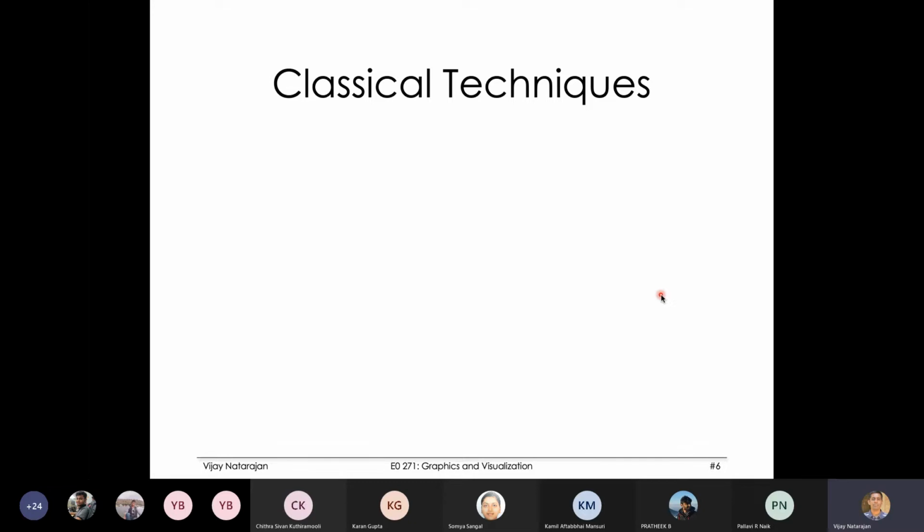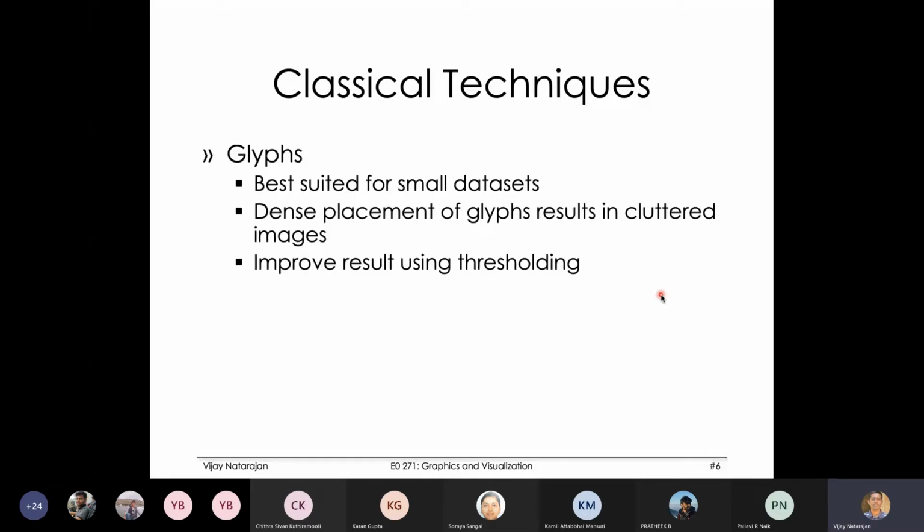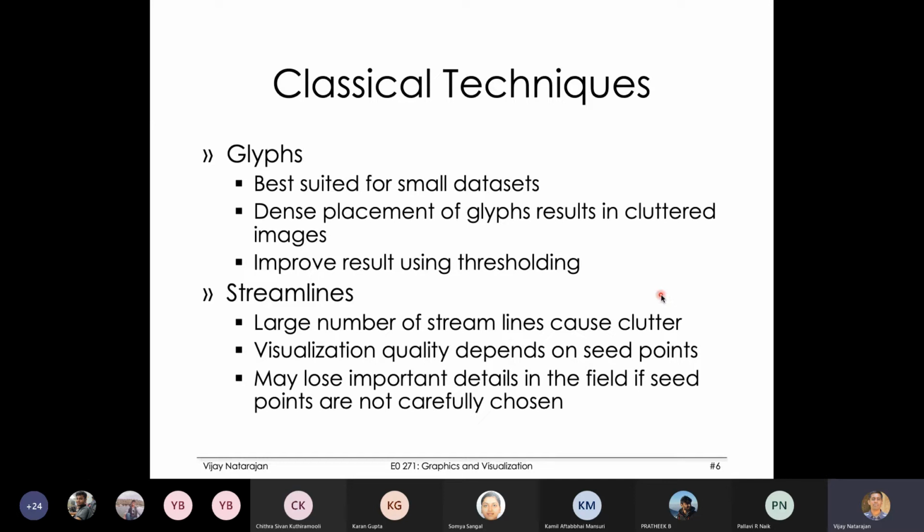So just to summarize, the two techniques we saw were classical techniques. Glyphs like arrow plots are best suited for small data sets. Of course, if you try to place a glyph at every location, you will get a cluttered visualization. One way to improve the result is by thresholding and showing only those arrows that are above some magnitude. Streamlines do scale to slightly larger data sets.